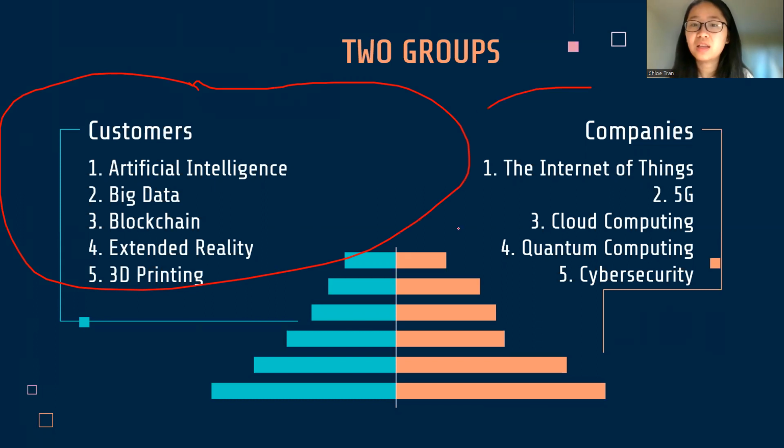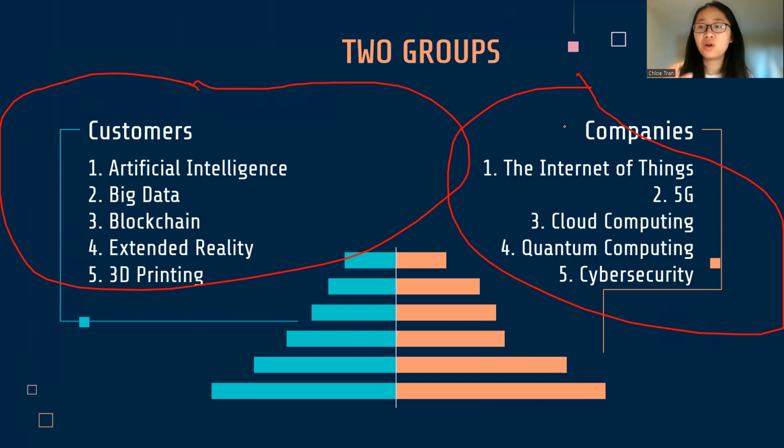However, on the other side, the company group is not familiar to the customer because it cannot add value directly to the customer. However, it can help the company to improve internal communication, and sometimes it can improve the application of the first group.